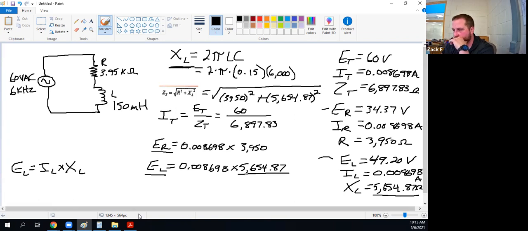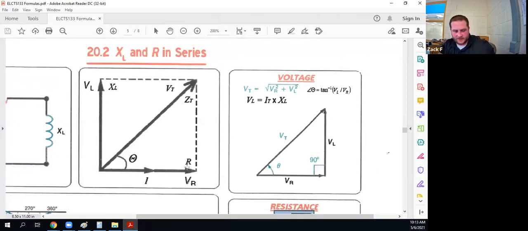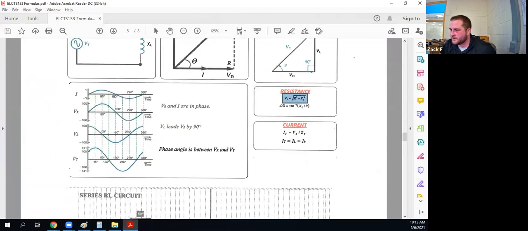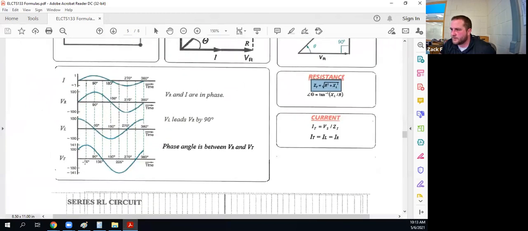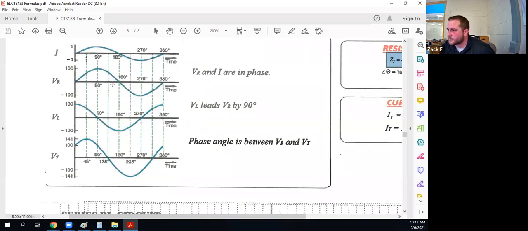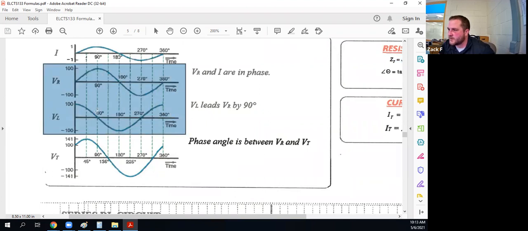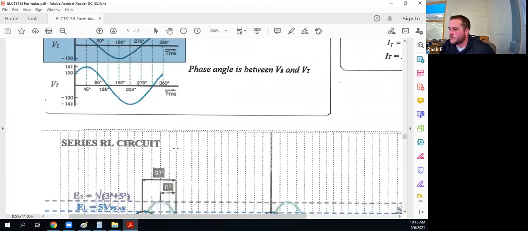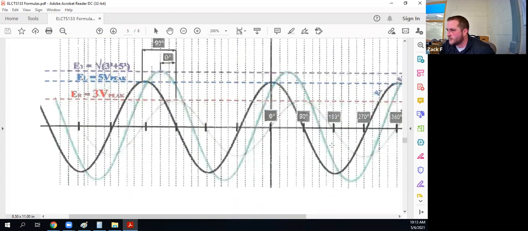On your formula sheet, you can kind of see this visually. So voltage across the resistor and voltage across the capacitor right here. The sine waves do not peak at the same time.